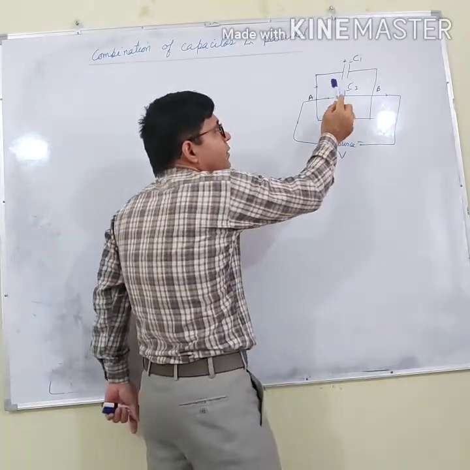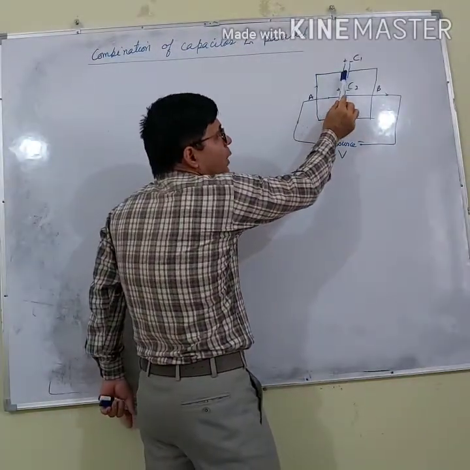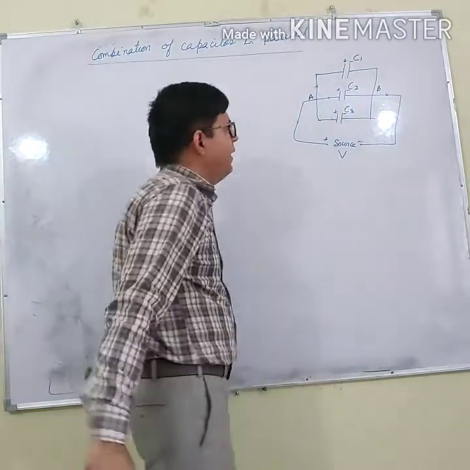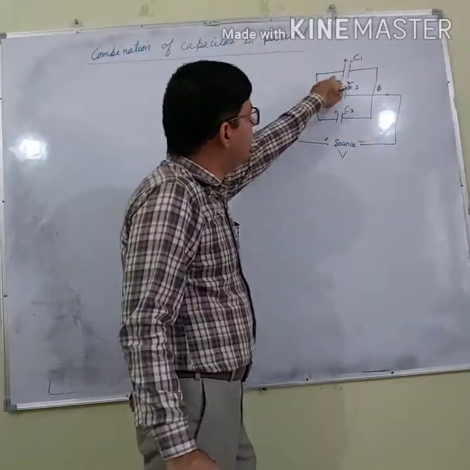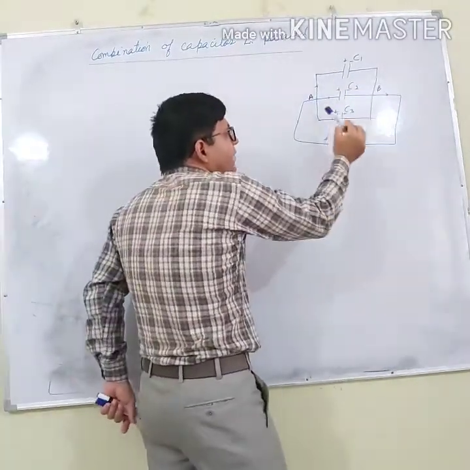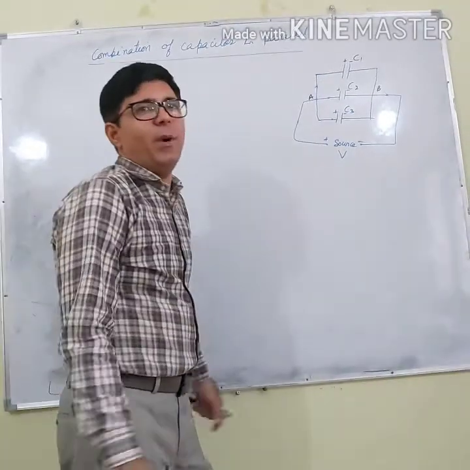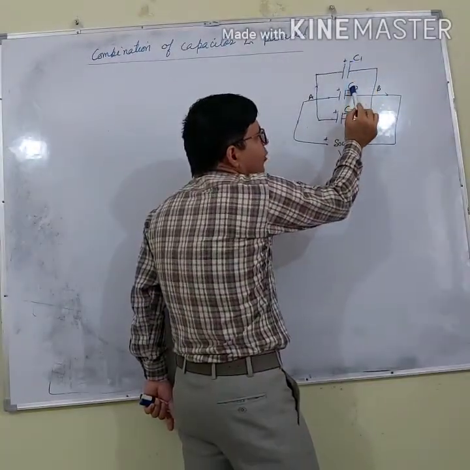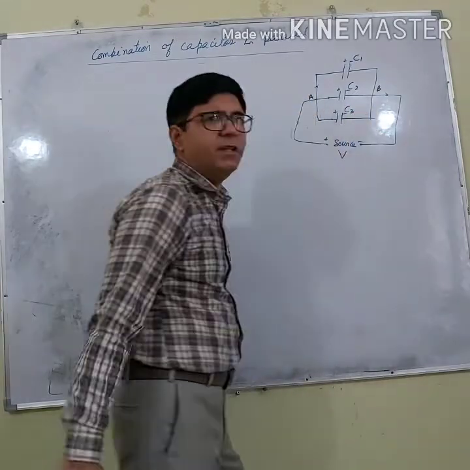And what more speciality are you seeing here? One more common feature of a parallel combination is that this is a parallel plate, this is a parallel plate, this is a parallel plate, and these are the positive plates. All these plates are connected to a common point. And this is the negative plate of C1, this is the negative plate of C2, this is the negative plate of C3.